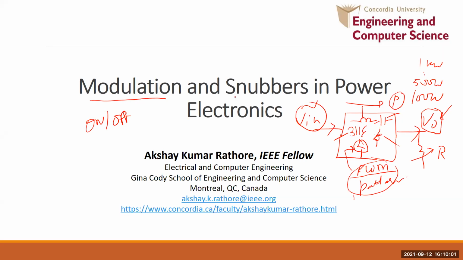Similarly, snubbers are usually required to limit the over voltage or over current. Mostly we try to limit the voltage spikes, the voltage overshoots, to limit the output power.